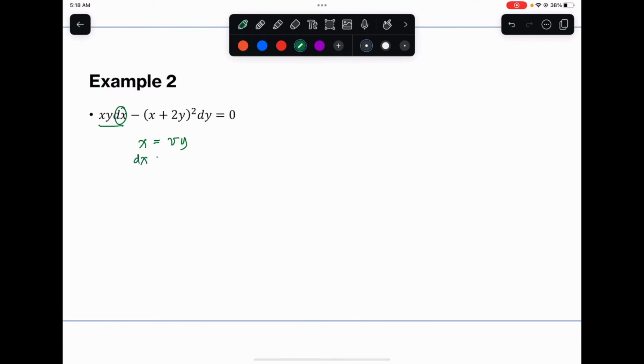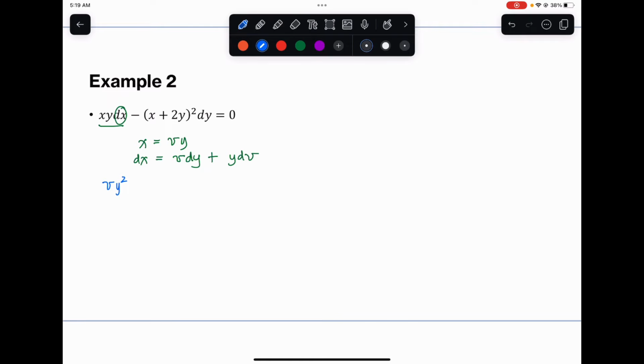So our derivative will be v dy plus y dv. So we substitute x is vy times y. So that would make it vy squared.